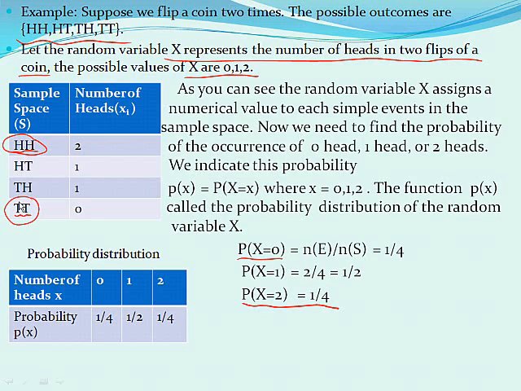But x equal to 1 happens 2 times, either through HT or through TH. So we have 2 out of 4 possibilities, giving the corresponding probability as 1 by 2. So this is a discrete probability distribution.